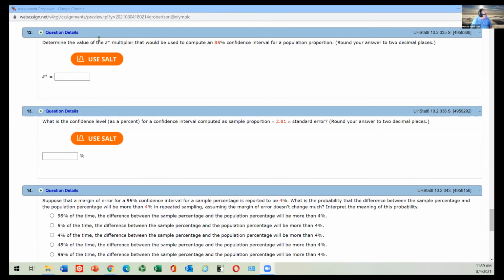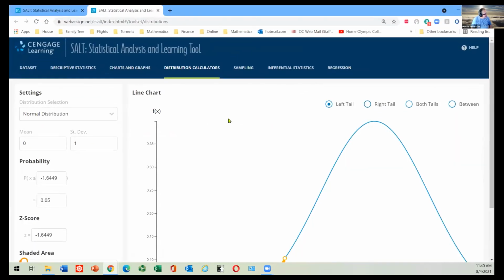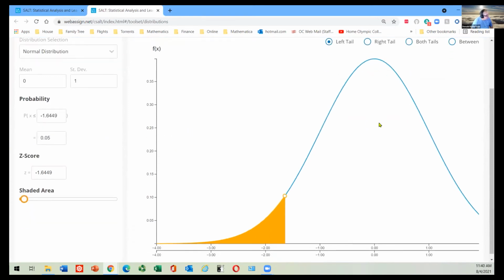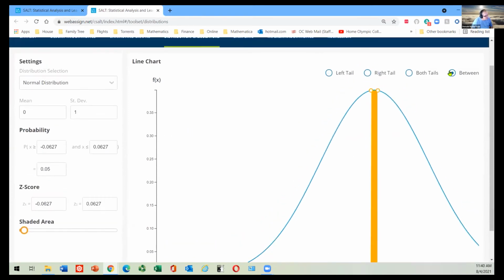Now, because the textbook wants to, do you notice they're just calling it Z star? And technically, shouldn't they call it Z star 0.85, if you want to do it precisely. So you hit use Salt. I already did that earlier, but now we've got another version of doing that. You make sure you do the between button.